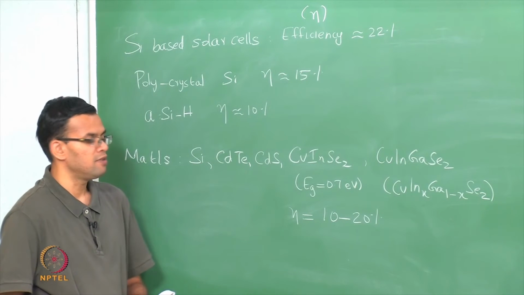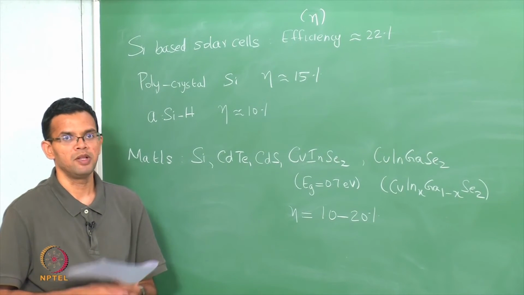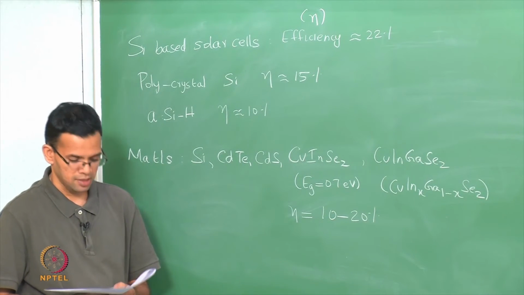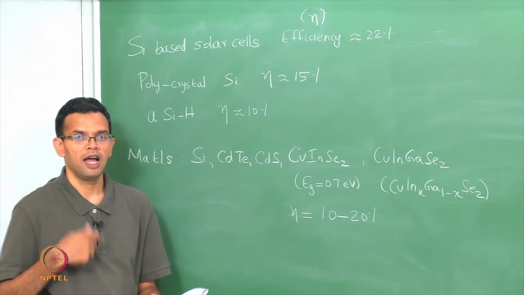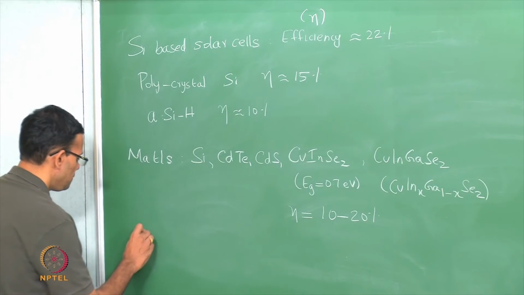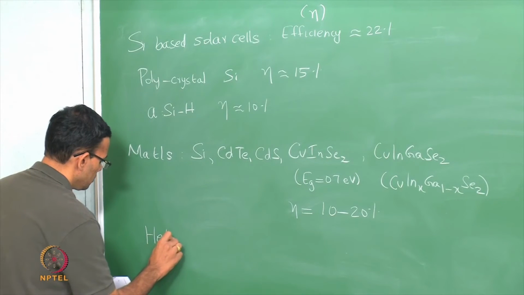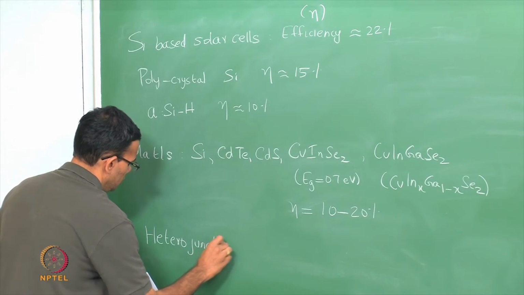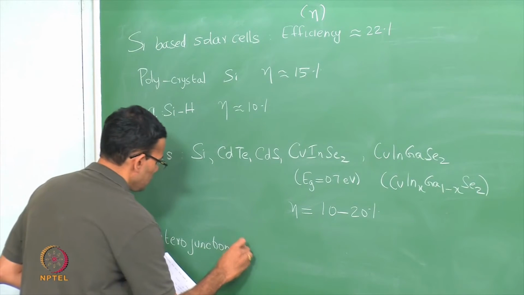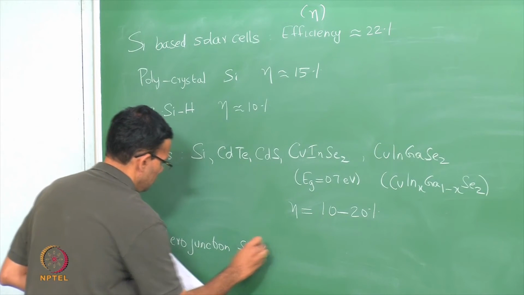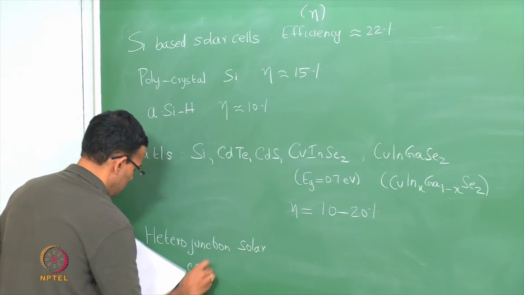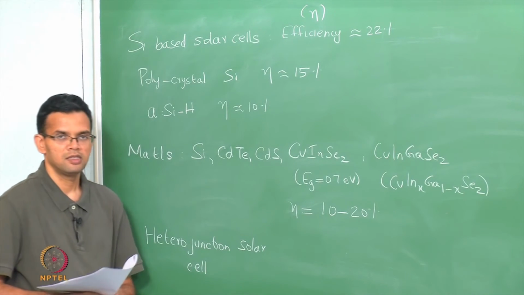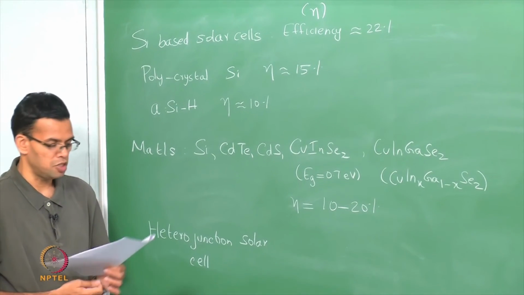The solar cells we have seen so far are simple p-n junction based solar cells. You could also have a heterojunction solar cell. So, in this case you can increase the efficiency of the device.